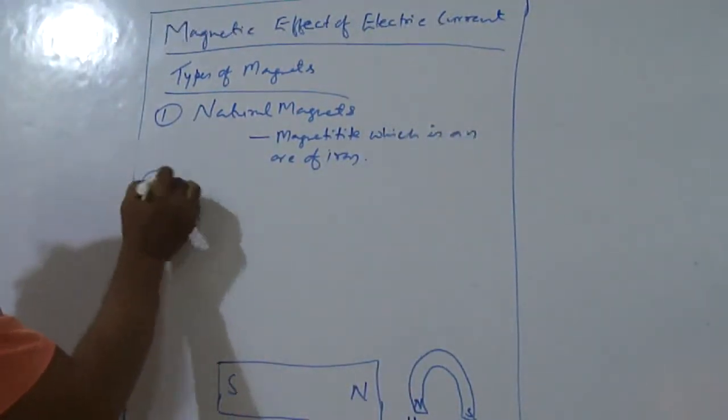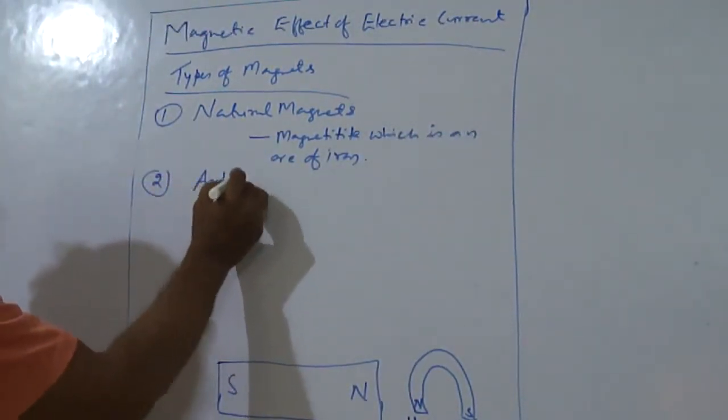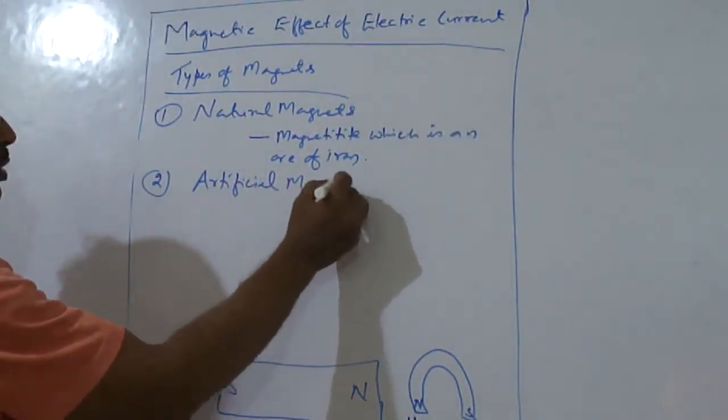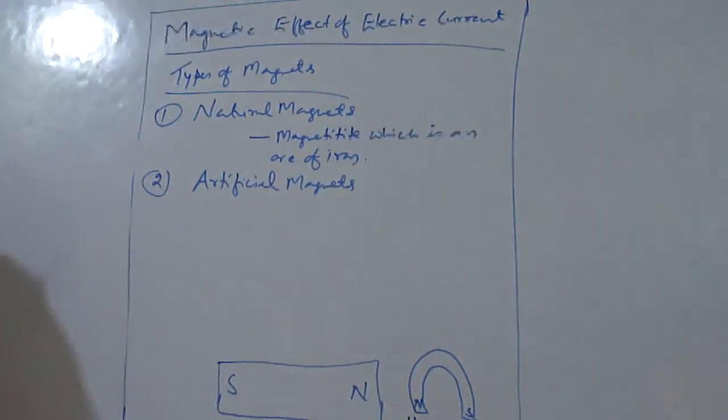Similarly, the second one is the artificial magnet. Artificial means what?